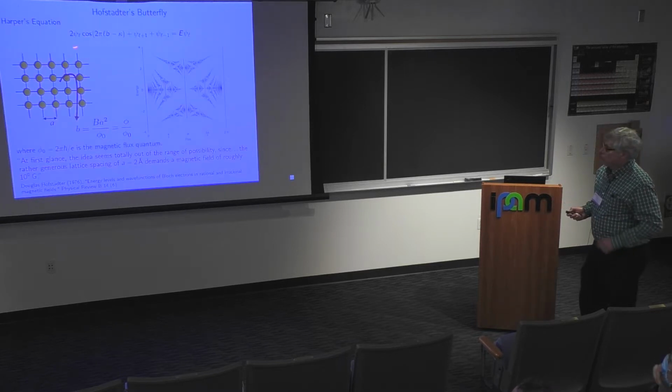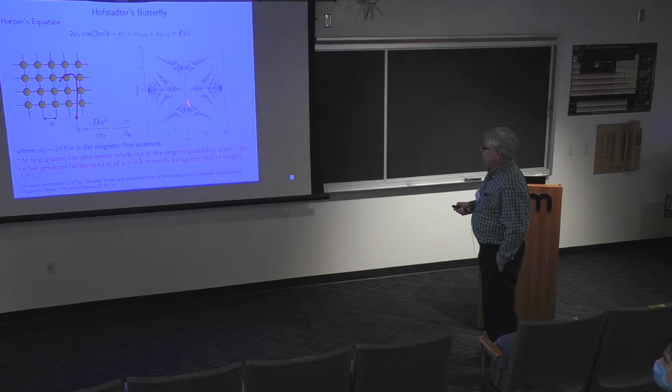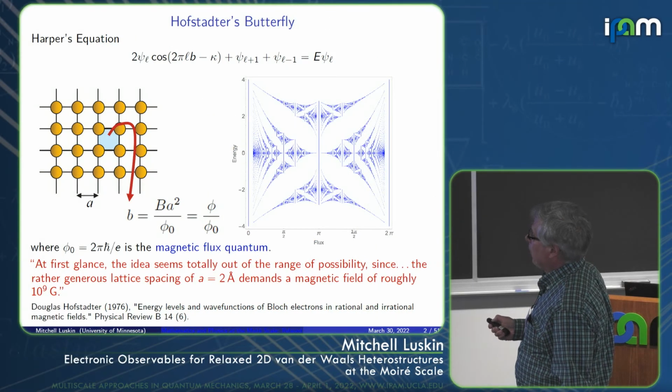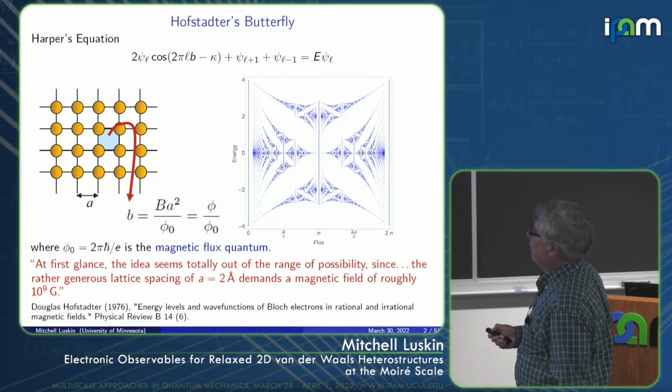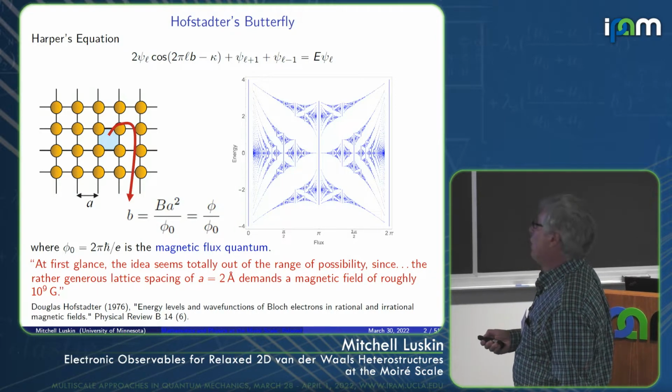Let me start with the famous Hofstadter butterfly, which most people have seen. This is kind of where the whole fractal business started. It is generated as an eigenvalue problem from Harper's equation. Harper's equation is just a tight binding model for some kind of square crystal.